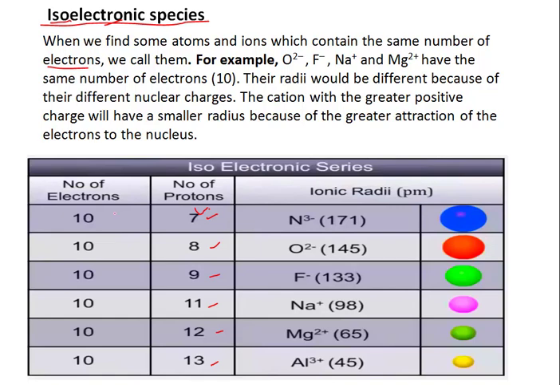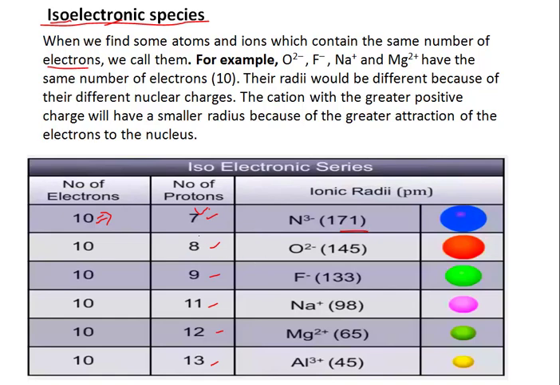But if it has taken 3 electrons, the number of electrons in nitrogen ion is 10, and this N3 negative, the ion is N3 negative, we call it nitride ion. So it has 10 electrons and 7 protons, and its ionic radii is 171 picometer, biggest in size.